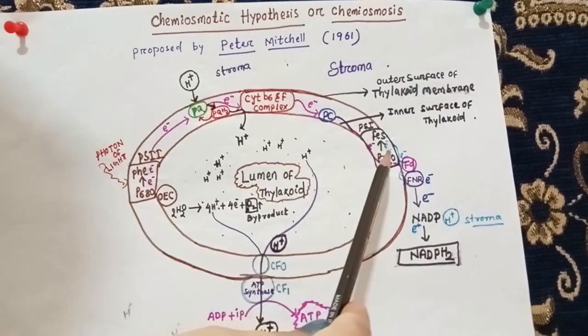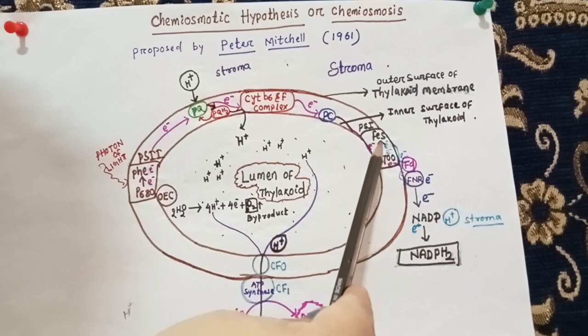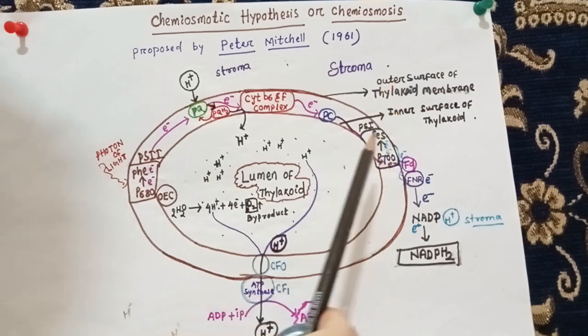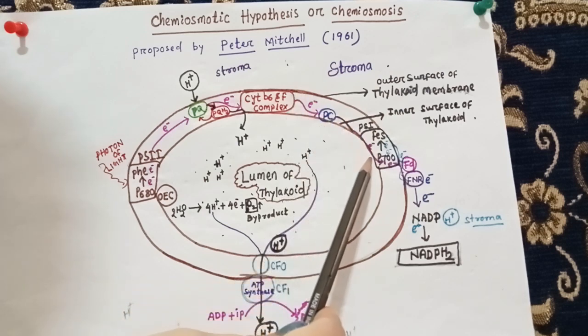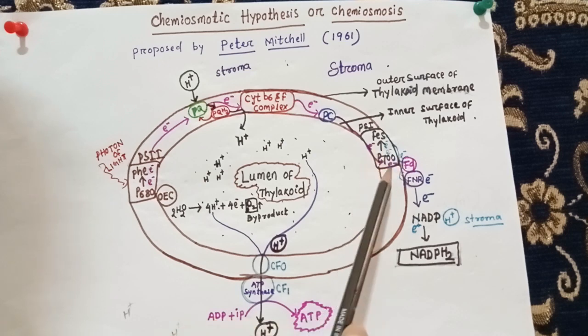As photosystem 1 releases its electron after coming into the excitation state, this electron from the plastocyanin fills the gap of the reaction center.